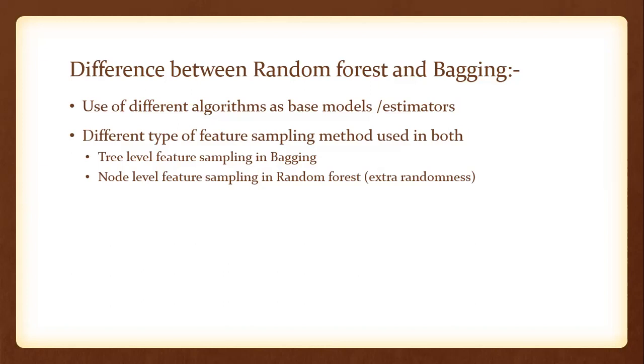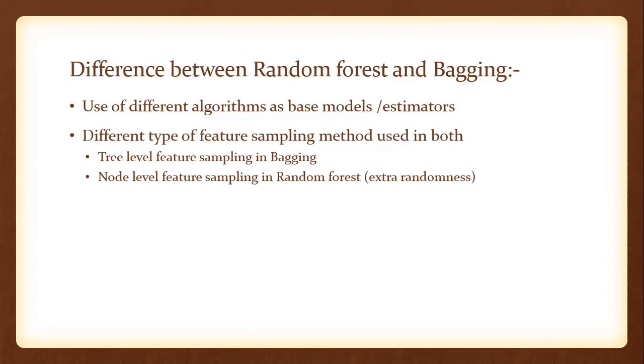In bagging you can use KNN, SVM, decision tree, anything. You can use a collection of different algorithms. That is one difference. But the second very important difference, like I told you, is column-wise sampling, also called column sampling or feature sampling.